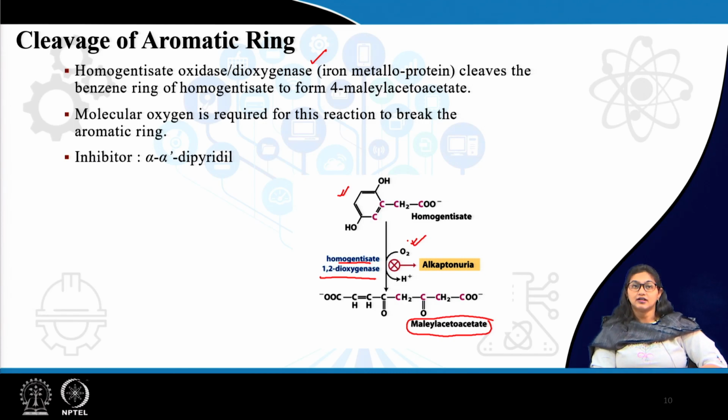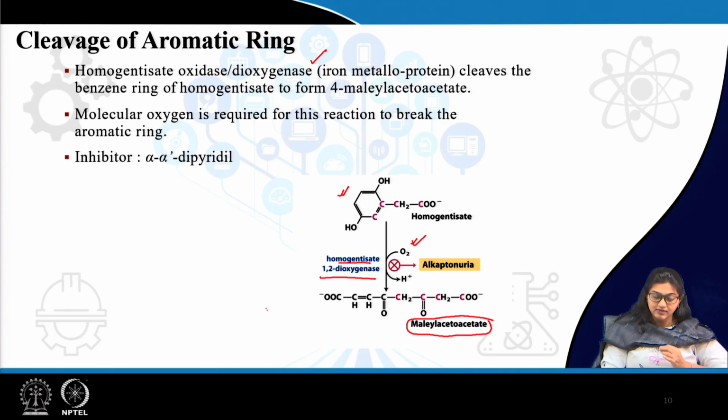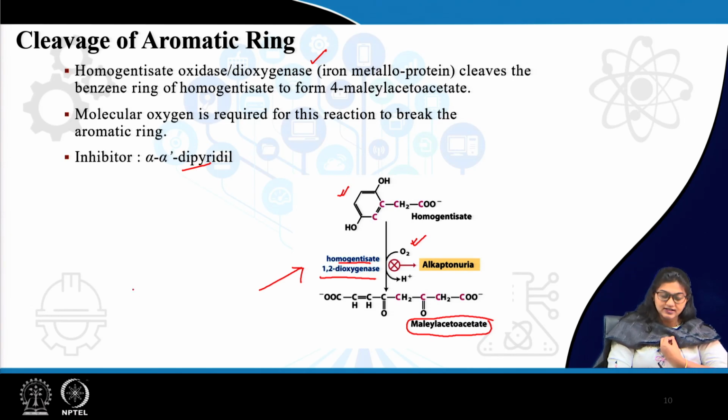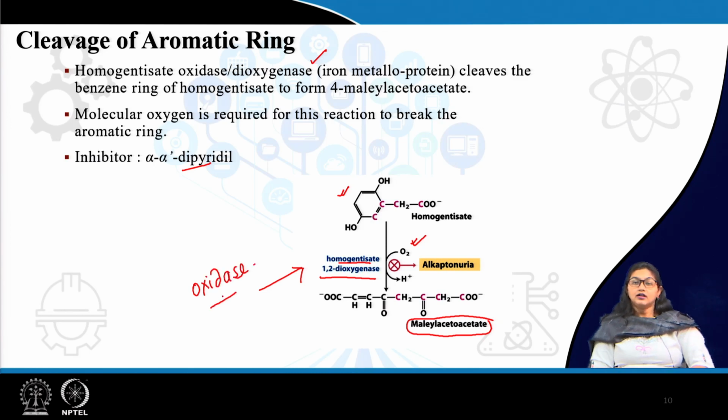The specific inhibitor of this dioxygenase enzyme is dipyridyl. Remember, this enzyme is also known as homogentisate oxidase. When there is homogentisate oxidase deficiency, there is a specific disorder known as alkaptonuria. Fine. We will be discussing these diseases later in this class.